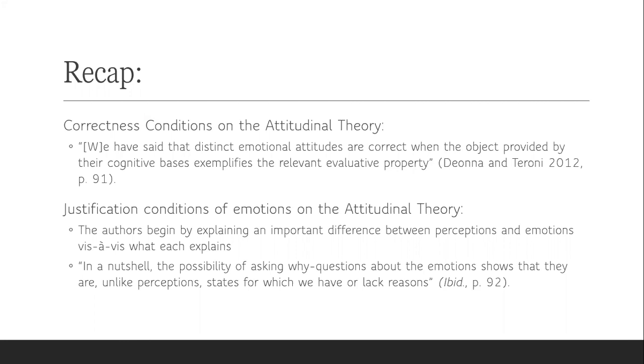If you'll remember this little quote from page 91, the authors write that we have said that distinct emotional attitudes are correct when the object provided by their cognitive basis exemplifies the relevant evaluative property, right? So again, my fear is correct if the snarling dog or the venomous spider or whatever really does bear the relevant evaluative property, namely danger.